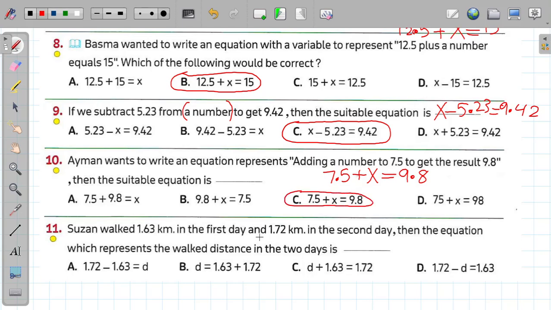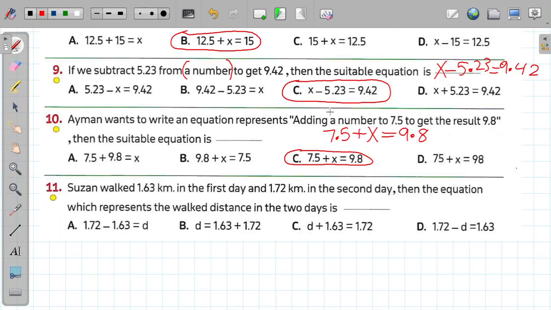Okay, the last one is Suzanne walked 1.63 kilometers in the first day and 1.72 kilometers in the second day. Then the equation which represents the walked distance in the 2 days is what?